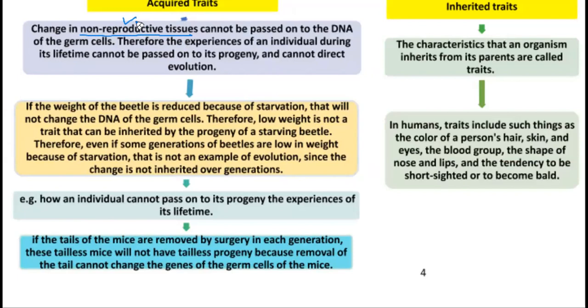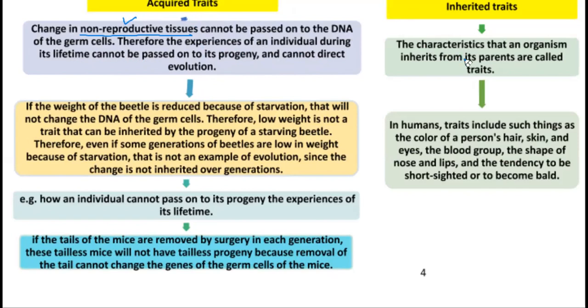The changes which are there in your germ cells, called reproductive cells, only those changes are heritable or transmittable, right? Therefore, the experiences of an individual during their lifetime cannot be passed on to its progeny and cannot play any role in evolution, right? So evolution never involves acquired traits.